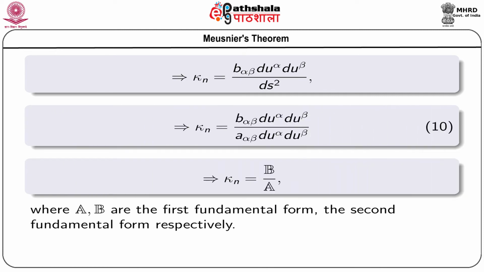That means, kappa_n equals the second fundamental form by the first fundamental form. That means, kappa_n is nothing but the division of the second fundamental form by the first fundamental form.